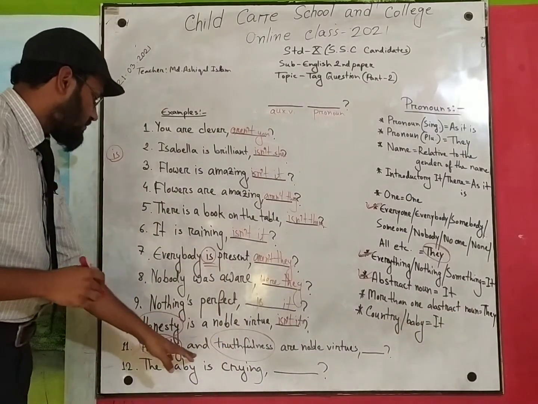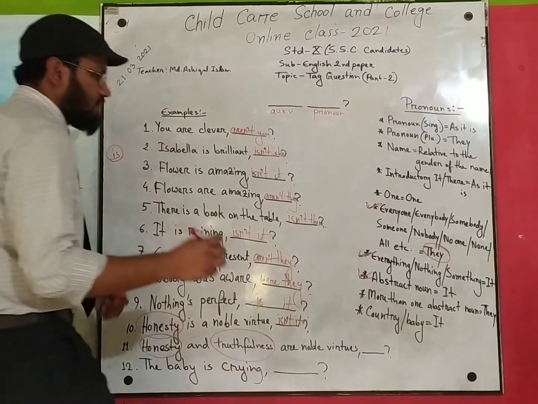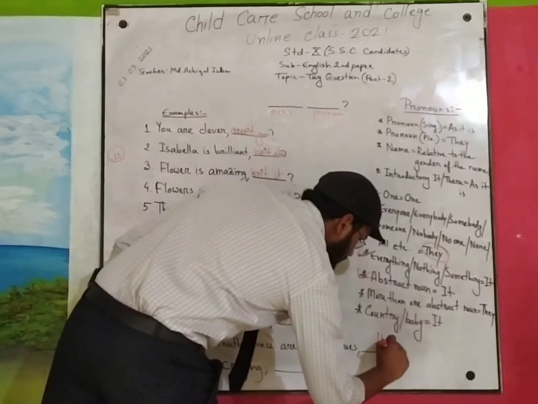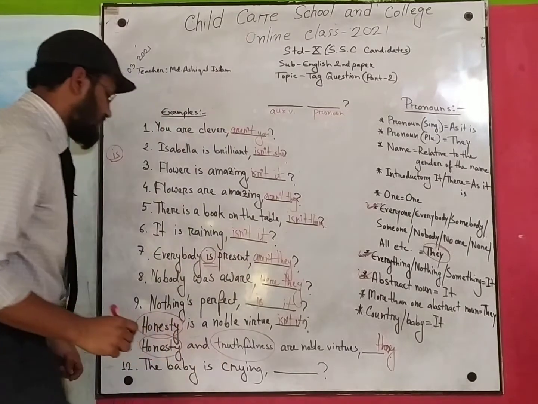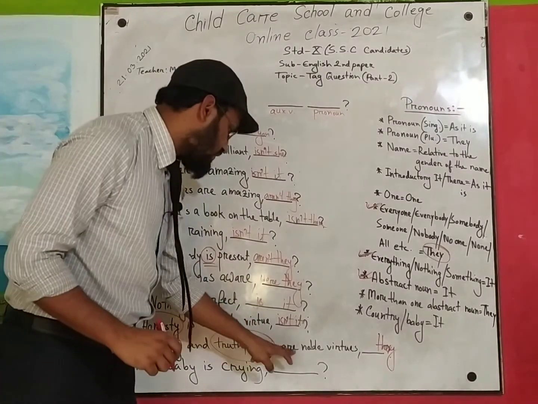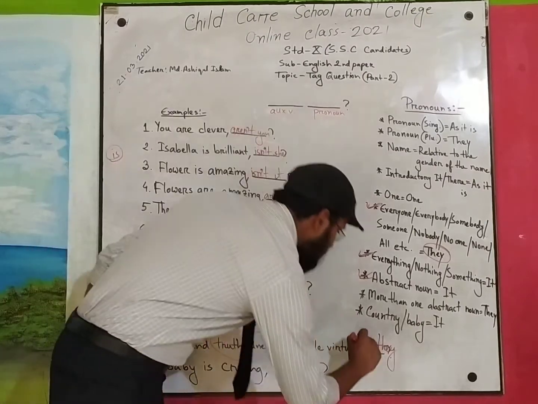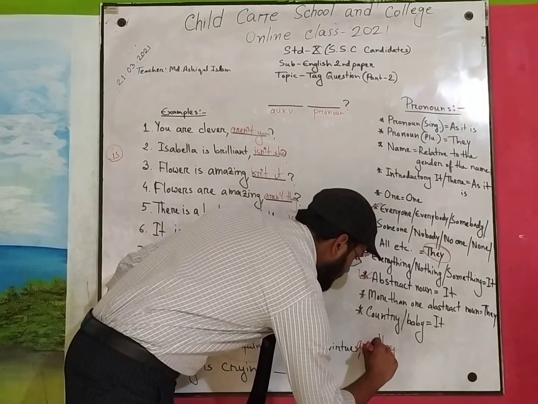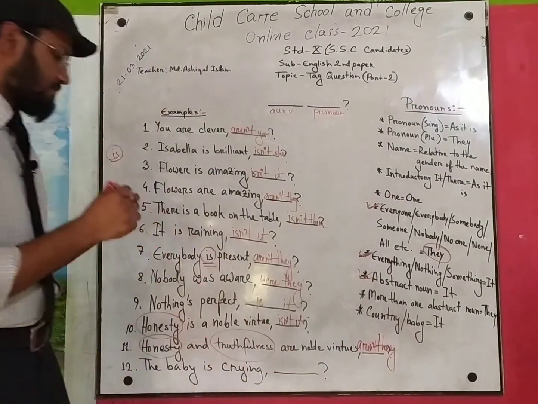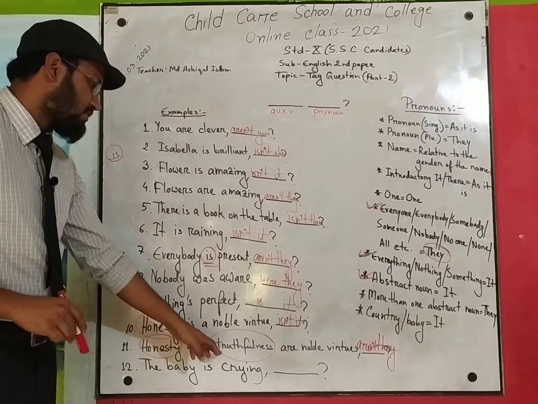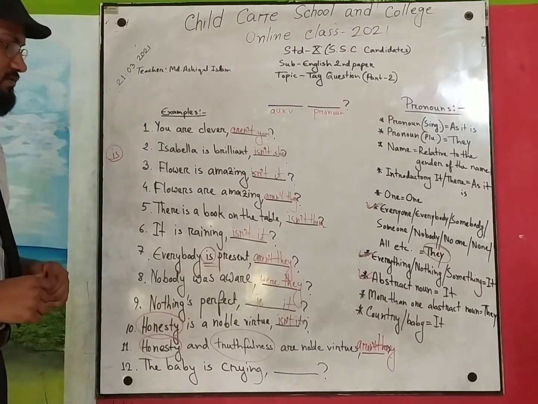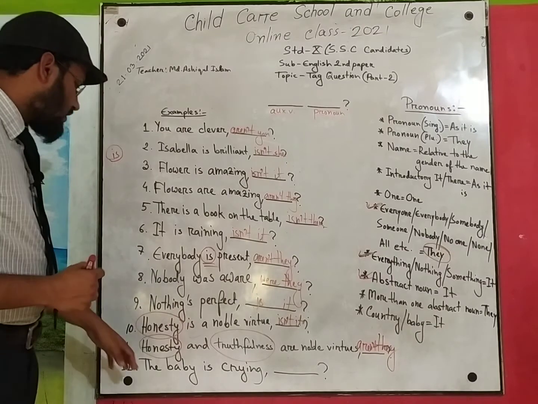Our pronoun should be they. Now let's think about the auxiliary verb. Well, we already have a plural auxiliary verb, so we are definitely going to write aren't they. So honesty and truthfulness are noble virtues, aren't they?